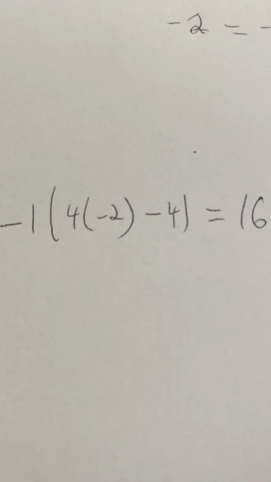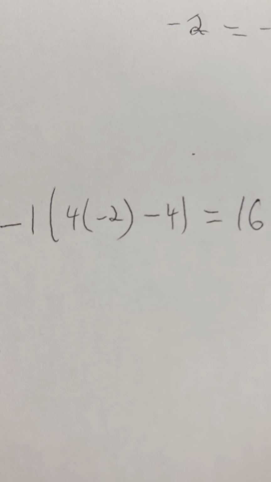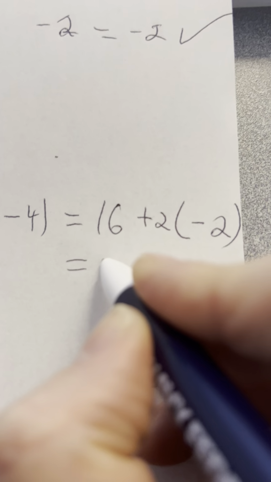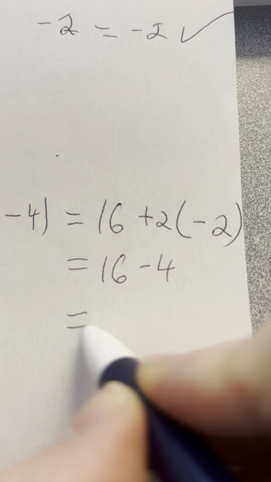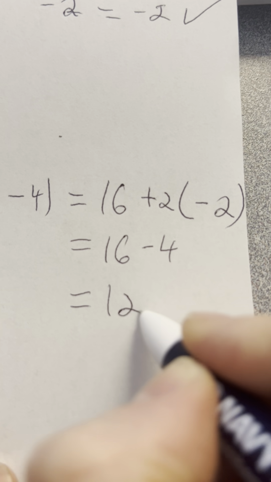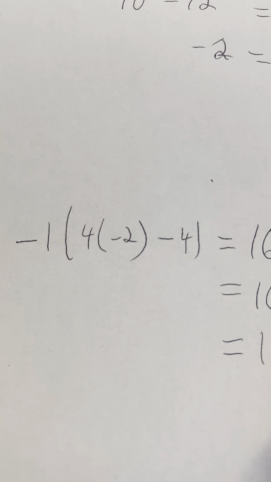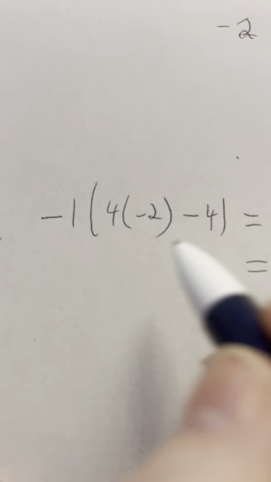My apologies. All right, let's finish this up. Okay, this will be negative 4. Okay, so 12 on this side. Let's work out this side.